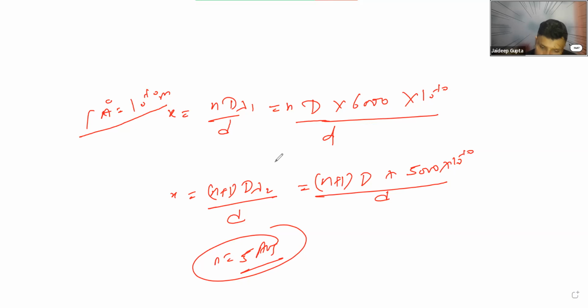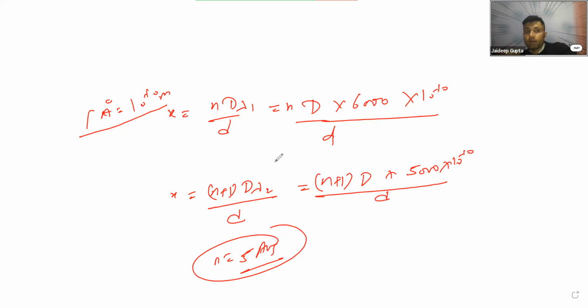Everything is precisely mentioned in the question. When the wavelength is 6000 angstrom, the distance from the central bright fringe is this. At this distance, we are getting the nth bright fringe. But when we replaced our light with wavelength lambda 2, it means we are getting, at the same distance, the fringe n+1.